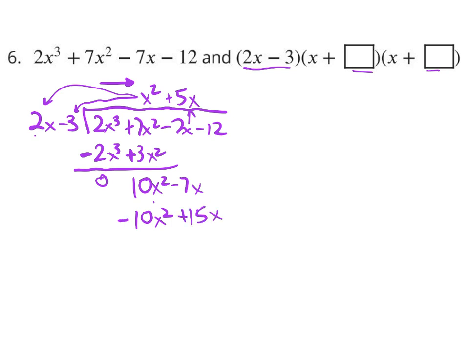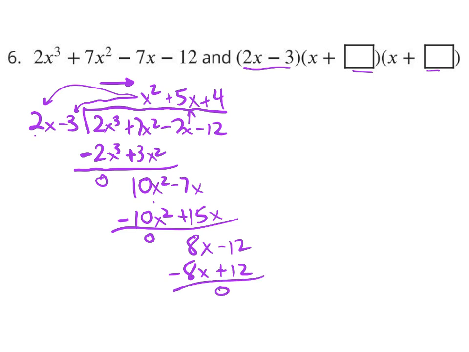Change both signs. My x squared terms cancel out. Negative 15 plus 7 is negative 8. And then what times 2 makes 8? Positive 4. I get 8x minus 12. I change both signs. I get 0.